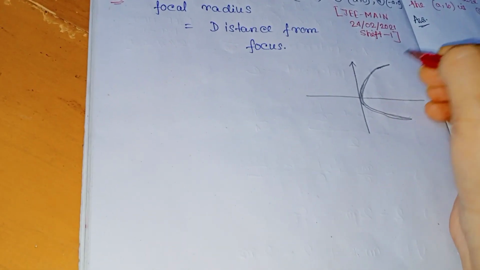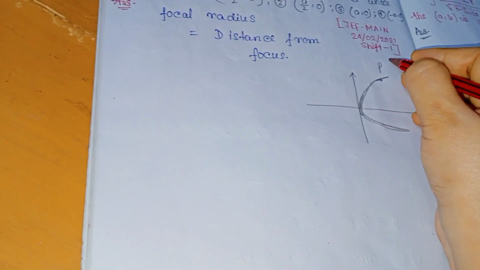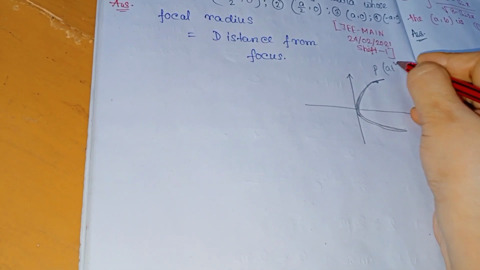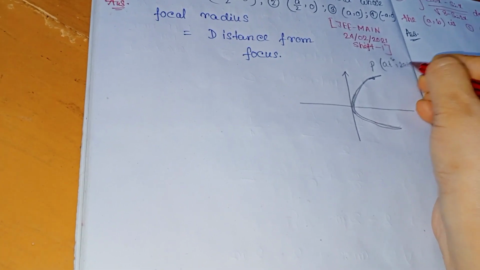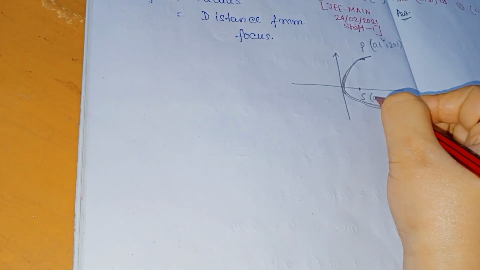Here is the point P, which is at squared comma 2at, and it is S, a comma 0.